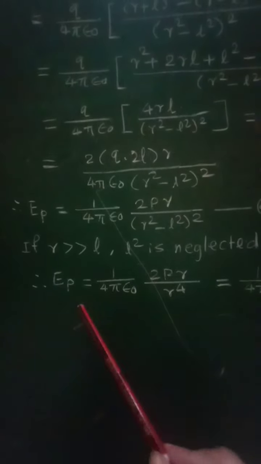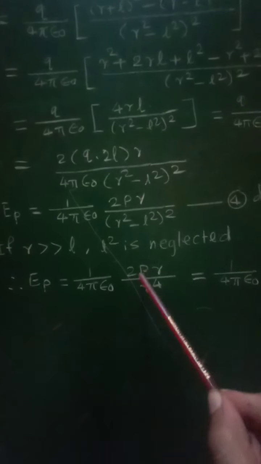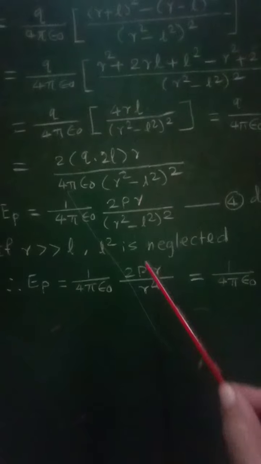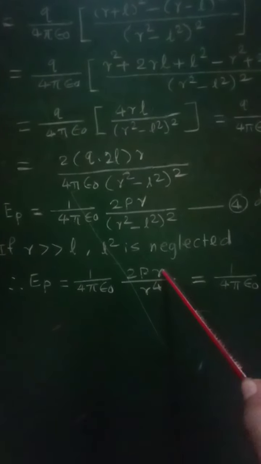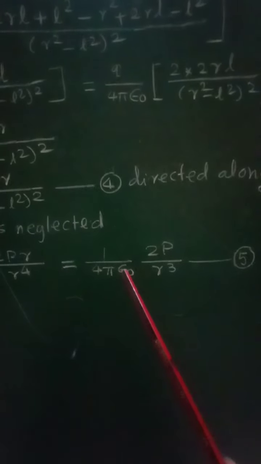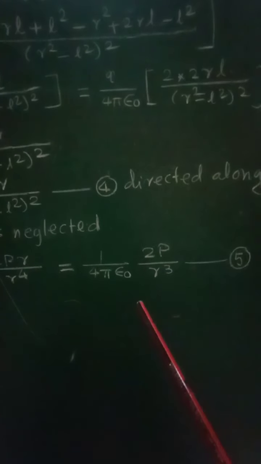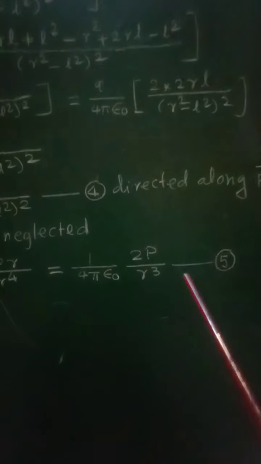Neglecting L square, we will get EP equal to 1 upon 4 pi epsilon 0 into 2PR upon R raised to 4, since R square raised to 2 gives R raised to 4. One R from this R raised to 4 will get cancelled with this R, and therefore EP, the electric field intensity at that point P, will be given as 1 upon 4 pi epsilon 0 into 2P upon R cube, equation number 5.